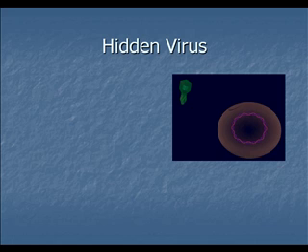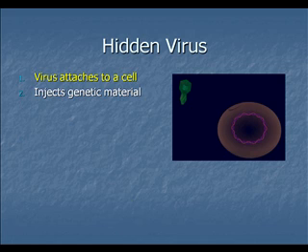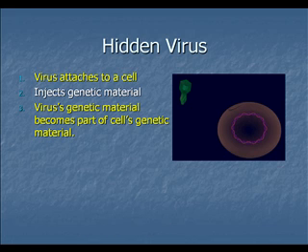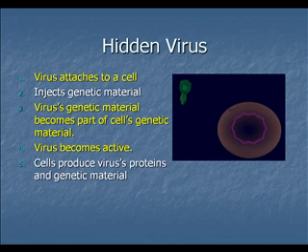A hidden virus is a little bit different, but some of the steps are the same. Just like in the other one, the virus will attach itself to the cell and inject its genetic material. The virus genetic material becomes part of the cell's genetic material and will just wait until the virus becomes active.